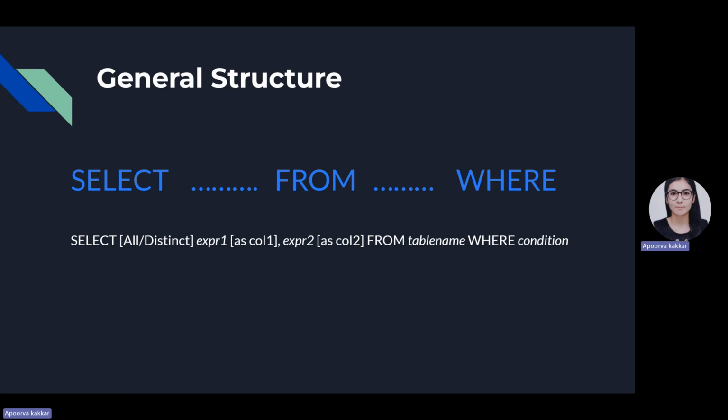So this query will select rows from the source table name and output the result in table form, where expression 1, expression 2 can be a column or an expression of functions and fields, and column 1 and column 2 are the corresponding column names in the output table. Distinct will eliminate duplication in the output, while all will keep all the duplicated rows. Now let's move forward with some examples.